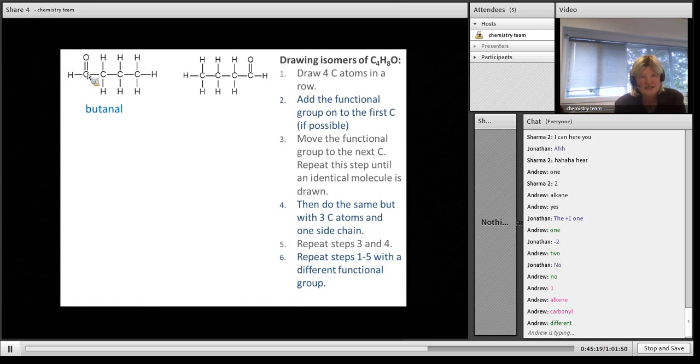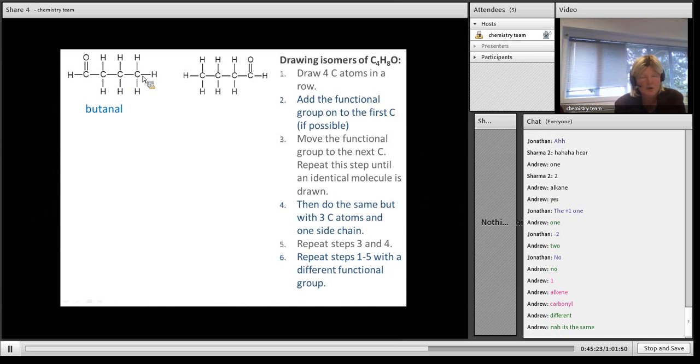So in this case, it's carbon 1, 2, 3, 4. And then over here, we can't start on the left-hand side anymore because the functional group has to have the lowest possible number. So it's 1, 2, 3, 4. So it's butanal all over again. That's why we did the naming of the compounds first, so that you know how to name. But I know we are moving through this quite quickly. So I'm going to cross that out because it's the same molecule.